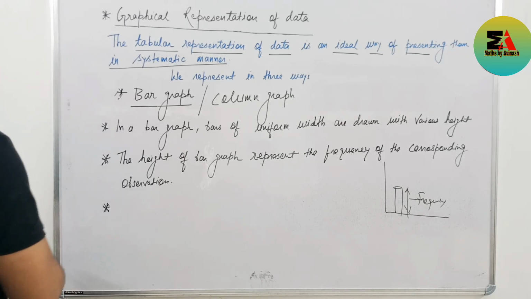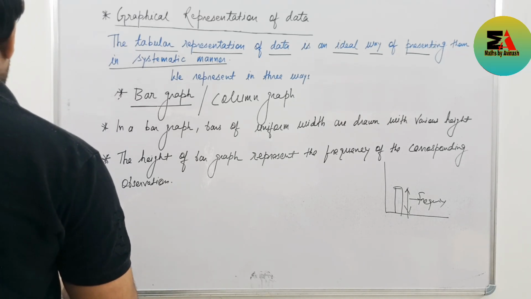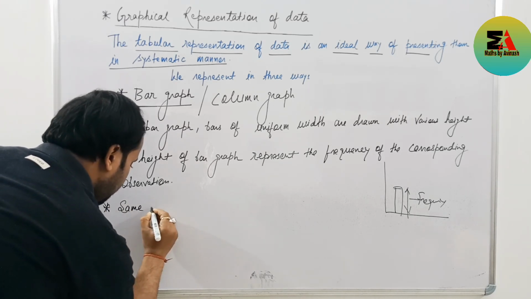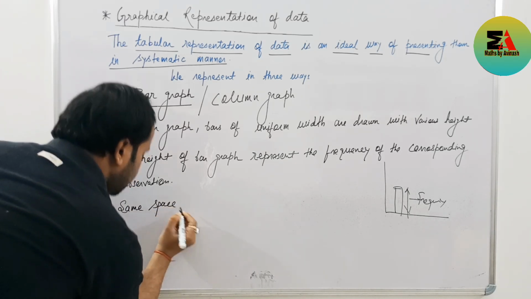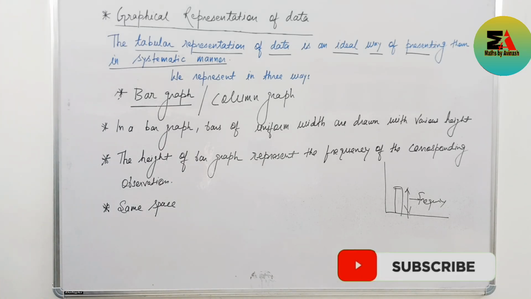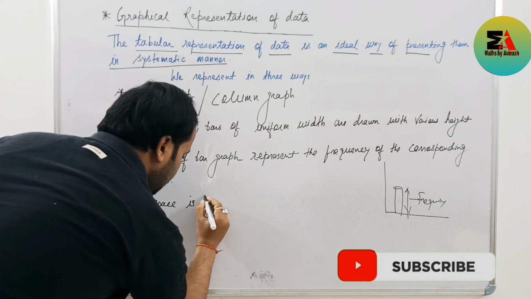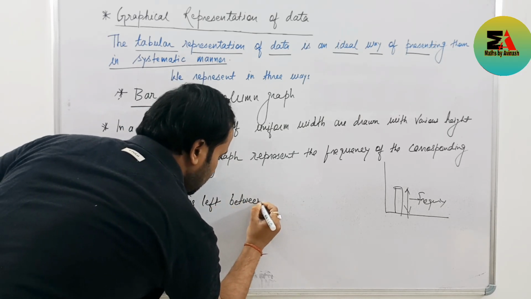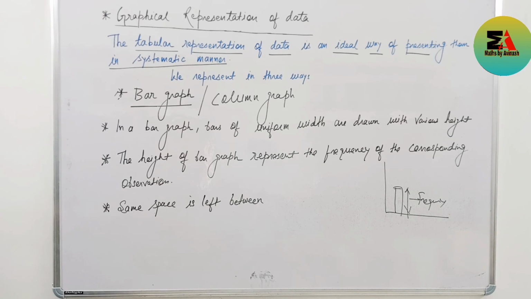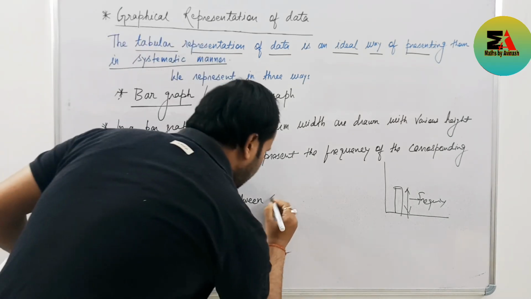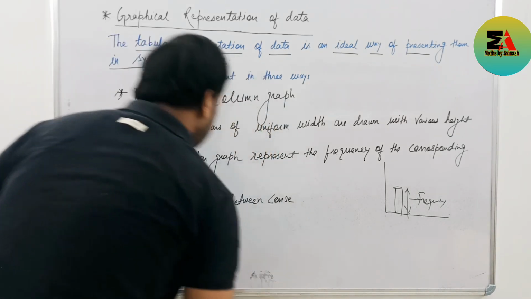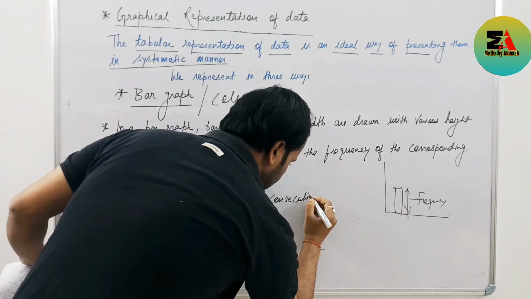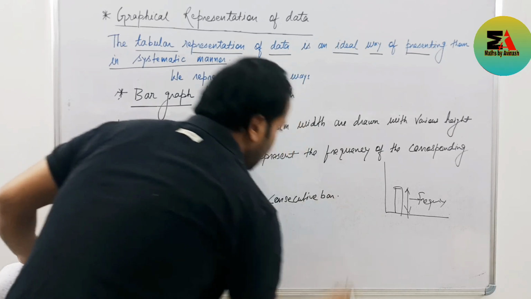Now, point third is: the same space is left between consecutive bars. What is the meaning?